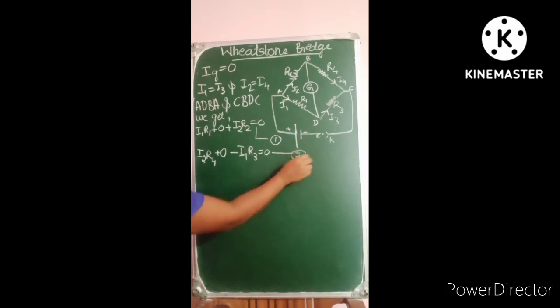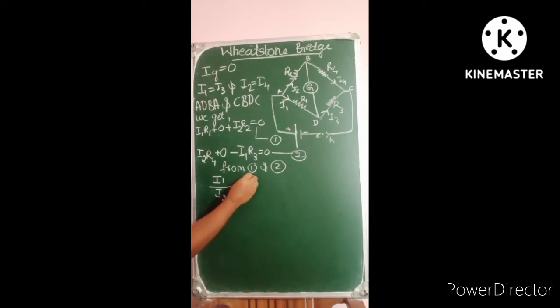Take this as equation 2. From equations 1 and 2, we can write I1 divided by I2 equals R2 divided by R1.